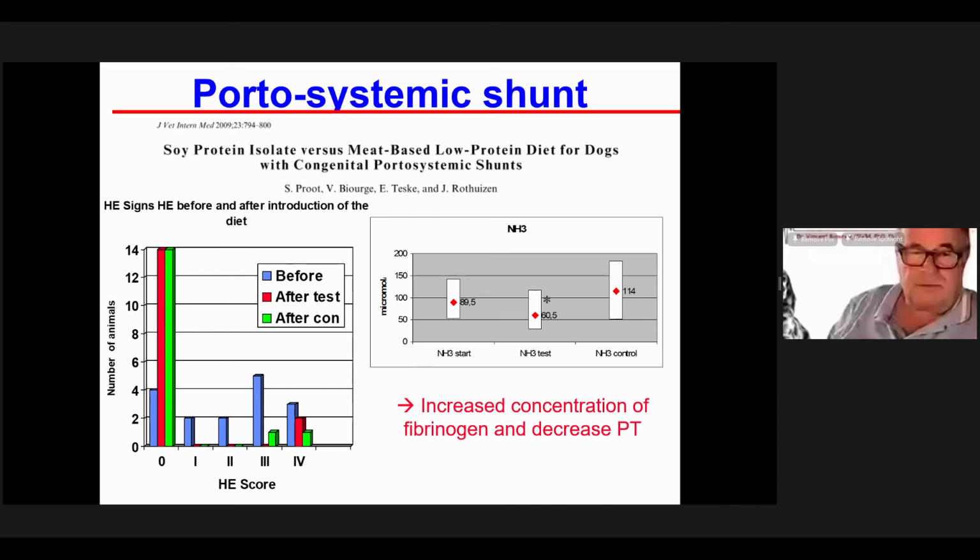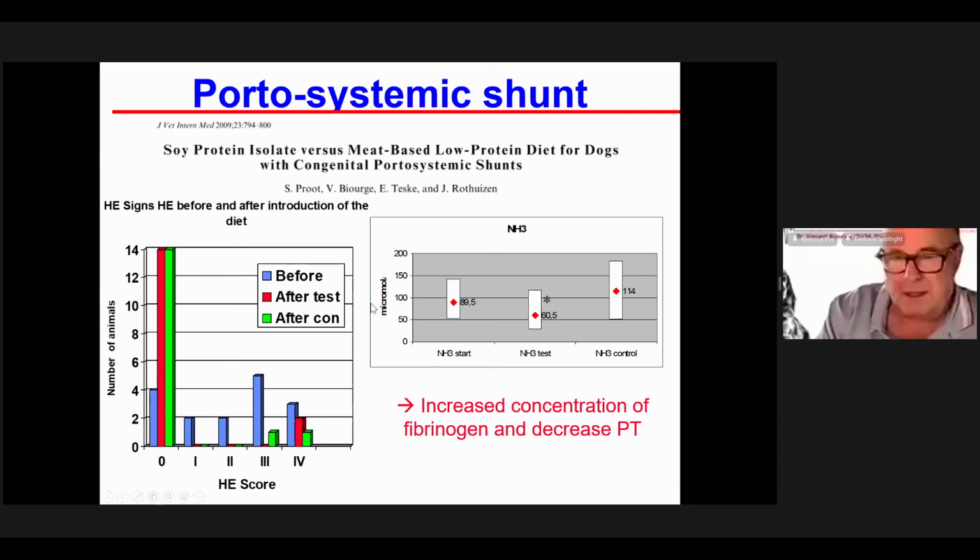What you can see in blue bar here is that many animals did show moderate to severe signs of encephalopathy at the start of the study. Then when they went on the diet, and by the end of the diet, you can see that the vast majority of those dogs did not show any signs anymore. So much so that some of the owners decided not to bring their dog to surgery anymore, because they felt that the dog was doing perfectly normal.